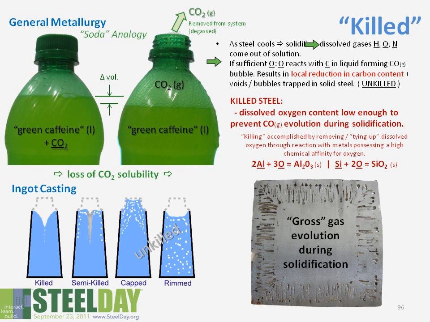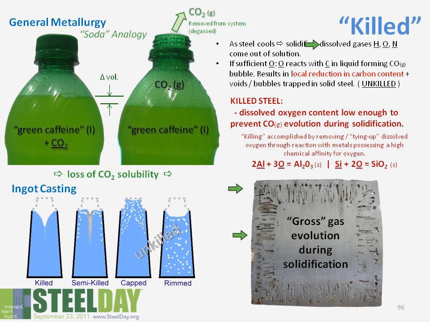What happens is I get a local reduction in the carbon content, and I may get a trapped void within the steel. Here's actually a continuous cast section where there's been gross gas evolution. It graphically illustrates what happens when gas comes out of solution. As the solidification front moved forwards, the gas came out of solution and got trapped in the casting.